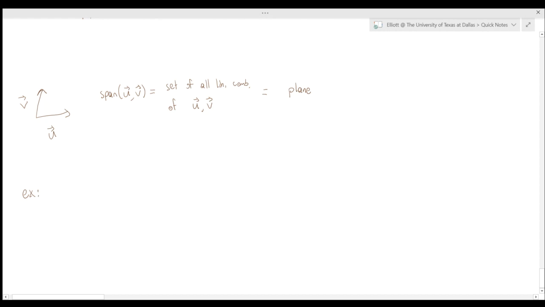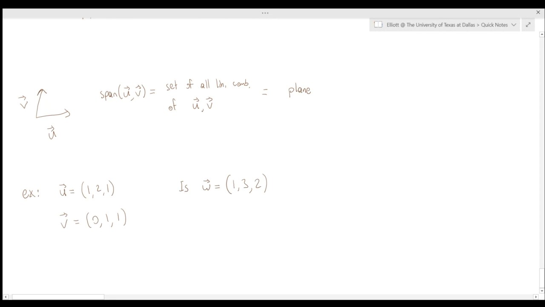All right, so let's look at just a very quick example. Let's say I have two vectors u and v. And then let's say I have a third vector w, which I'm going to say is equal to 1, 3, 2.